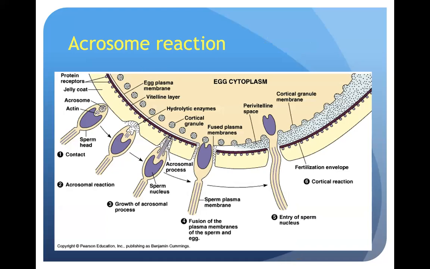And as it does so, the wall opens up. The genetic material of the sperm cell will now be released from the sperm cell into the egg cytoplasm. And once that happens, that is what we call fertilization. When the nuclear material of the sperm cell is released into the egg cell.